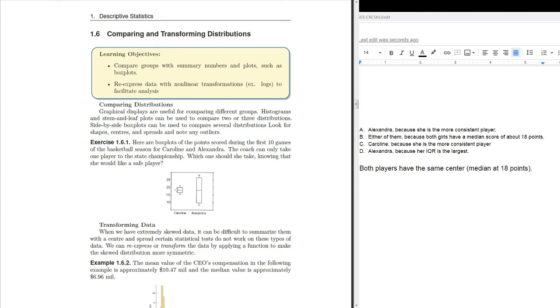So we see that the medians are both in the center of the box, and the left and the right whiskers for each of their box plots are relatively the same length. And so this tells us that both of these distributions are symmetric.